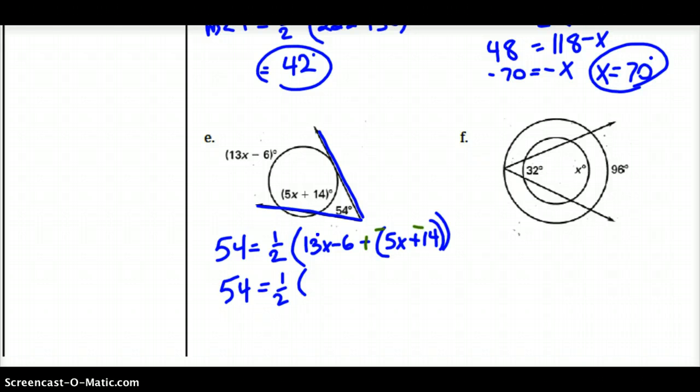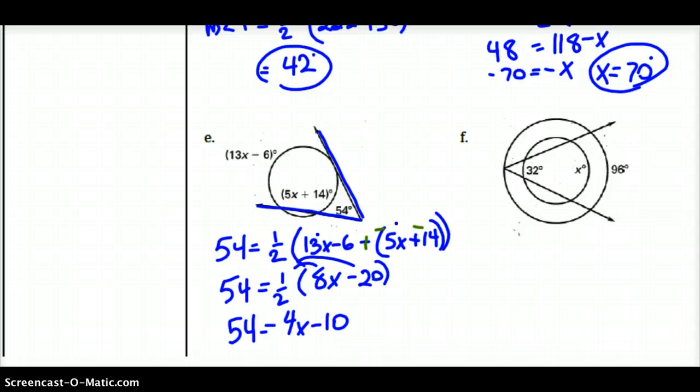Well, 13 minus 5x is 8x. Negative 6 minus 14 more is negative 20. Now I could multiply both sides by 2, but here I can just run the half through, and I get 4x minus 10. So as I wrap this up, I'm going to get 64 with an add 10 step, and I'm going to get 16 after my divide step. So that's a 16.